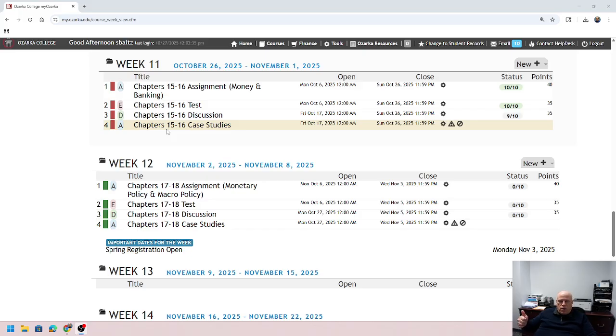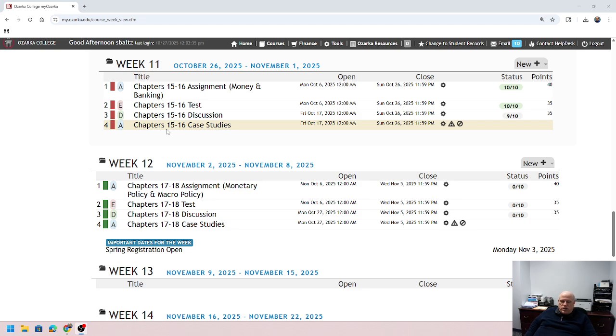Chapter 17, by the way, covers monetary policy. In chapter 17, you're going to learn about demand for and supply of money, how interest rates affect demand for money, how the supply of money affects interest rates, how the Federal Reserve manipulates the money supply to affect interest rates and manage economic fluctuations.